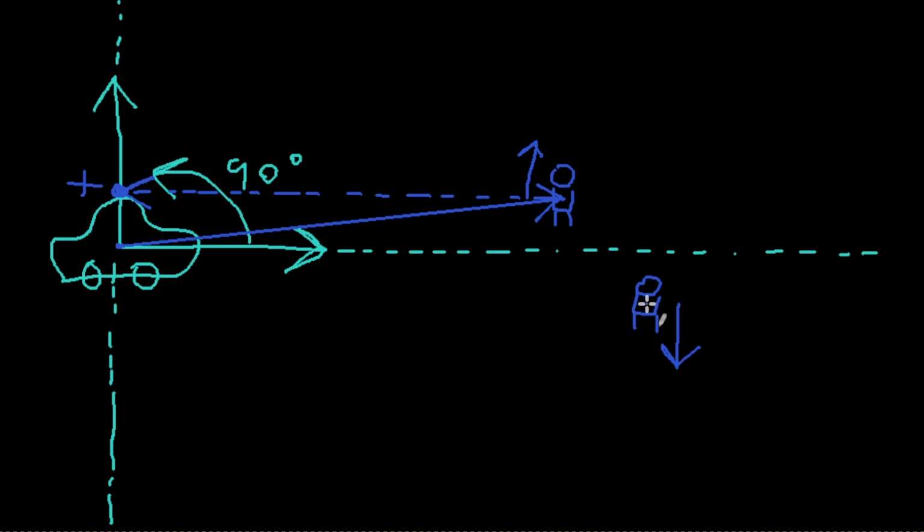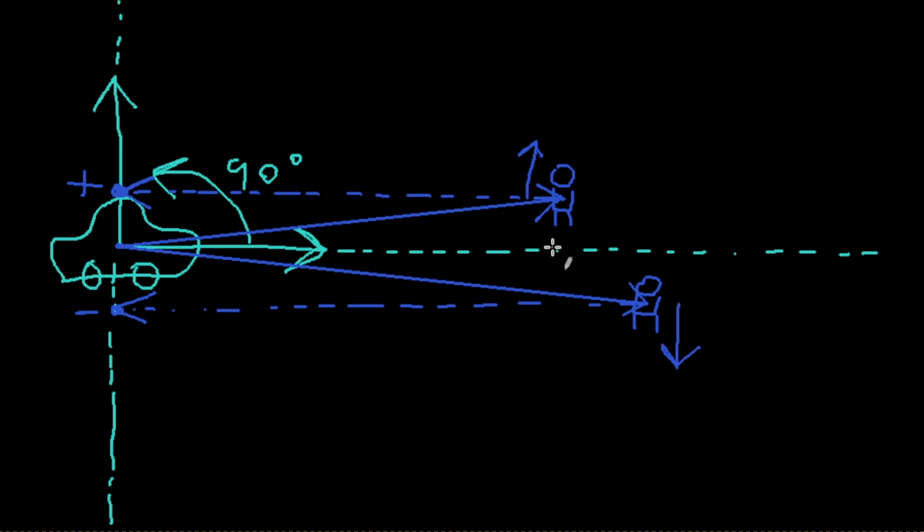And we're gonna do the same thing for the other pedestrian as well. And we're gonna end up over here somewhere, and we can see that this is below this point, so it's gonna be negative. And so we're gonna get these scalars, and depending on if the scalar is positive or negative, we know the direction that we're gonna move.